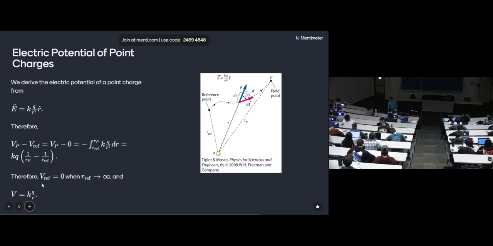So electric potential is equal to kq over r. And if you want to know the electric potential energy stored between two charges, just multiply by the magnitude of the second charge. U is equal to k q1 q2 over r.